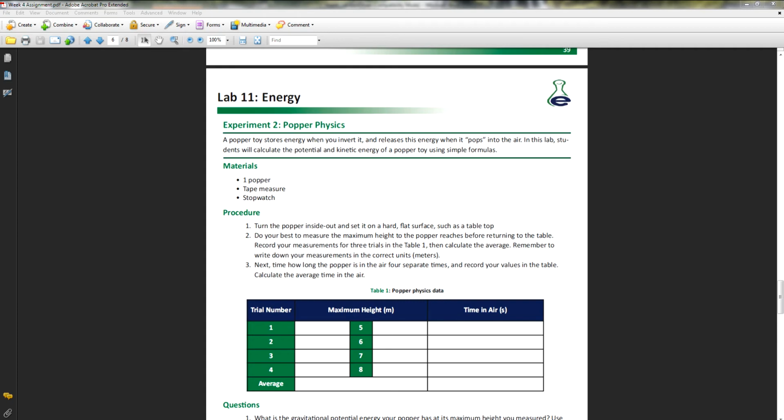When you finish doing that, your tape measure, like I told you the last time, comes in inches and millimeters. So you must convert your numbers to meters to make sure you have the right number to solve with.